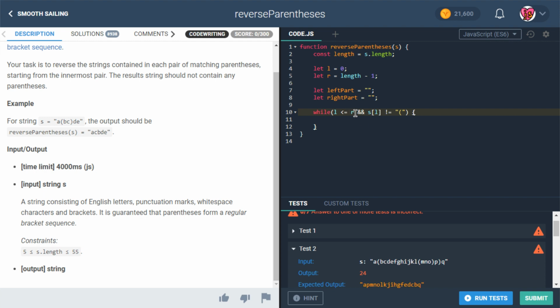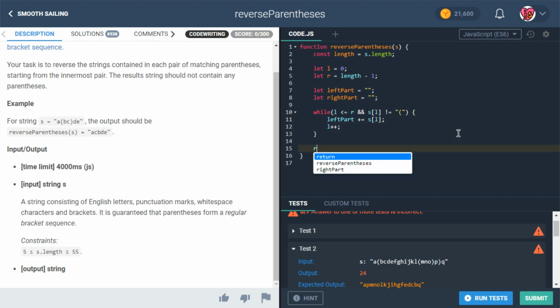Okay, so basically, S at L, while it's not an open parenthesis, keep it going. So first of all, we'll say we want to toss this on the left part, so whatever S at L is, let's add it on. And then also we'll increment L so that it keeps going.